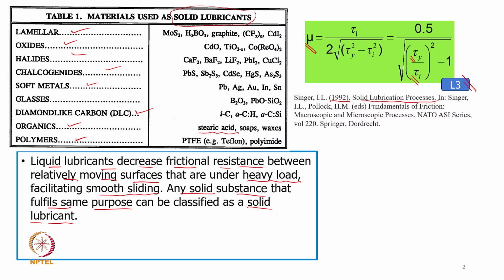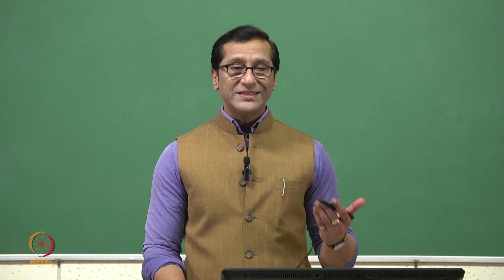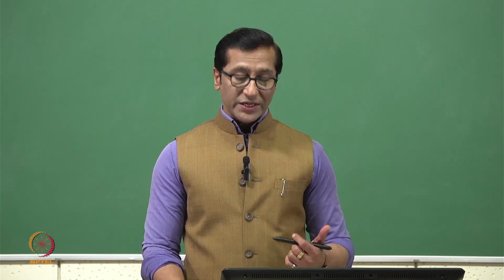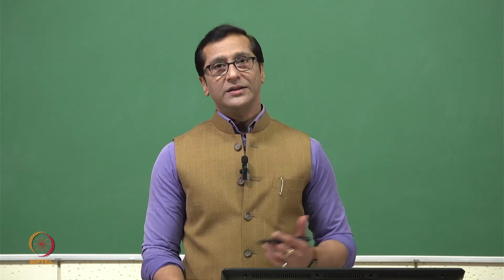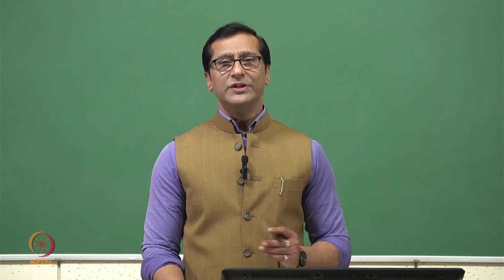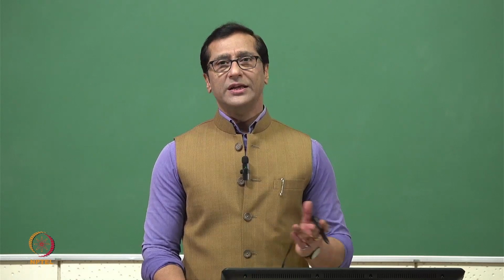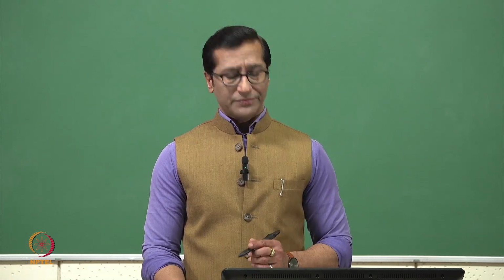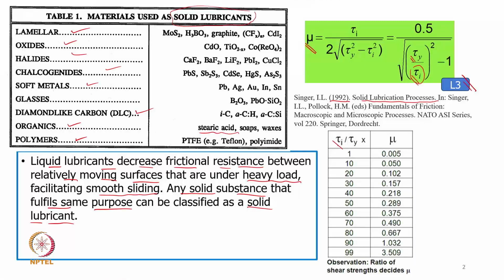And when we talk about the solid lubricant, we are talking about tau I. If tau I of the solid lubricant, which makes the interface, is very low, then it will have a very low coefficient of friction and can be treated as solid lubrication.